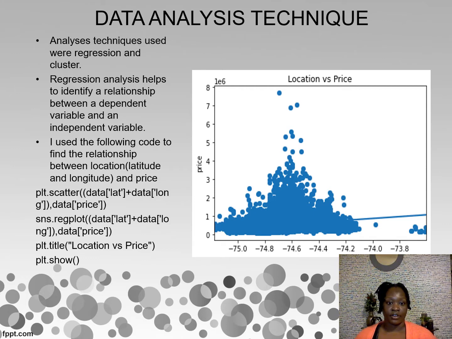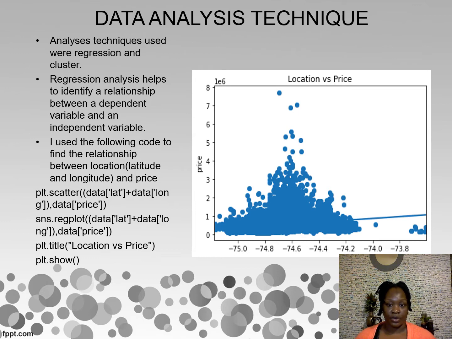Running the following code below, I was able to identify that areas between these coordinates, that is negative 74.8 to negative 74.4, are recording low house prices.